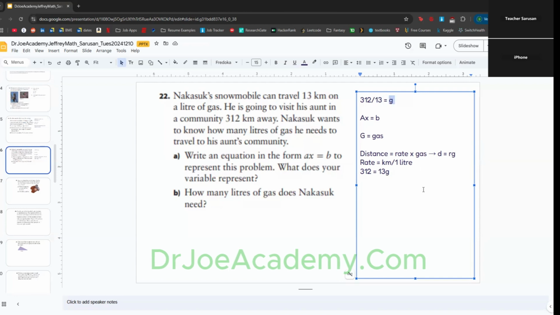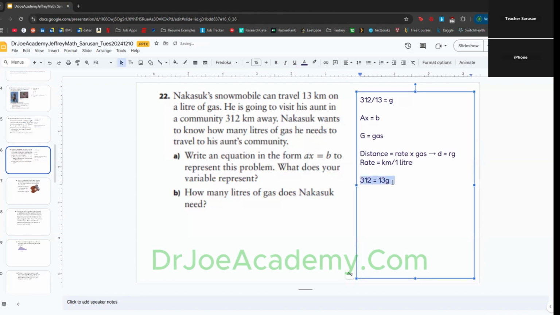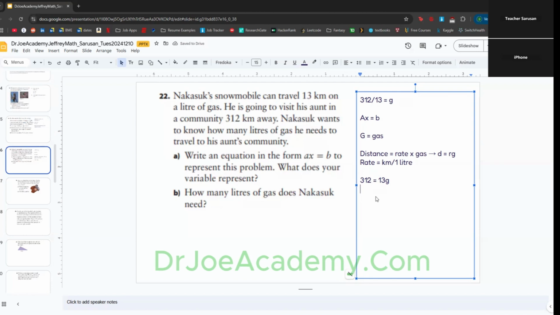We just need to figure out G. So this is absolutely correct. This last equation right here is how we write it in an AX equals B format. AX is on the right, B is on the left. All right, so overall though, how many liters did he need to make this trip? 24. All right, perfect, 24 liters.